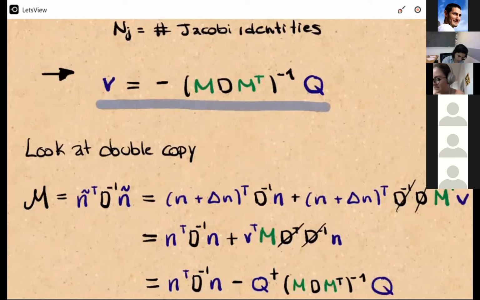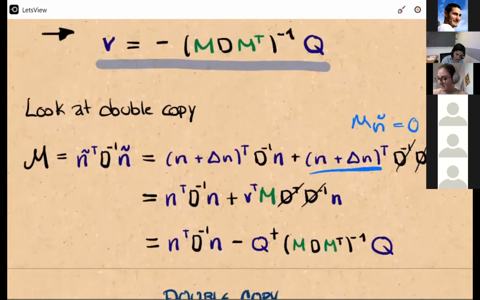You're going to find that the second term here is immediately 0, just because now our new N tilde actually satisfies color kinematics duality. Then you can expand the first line here, and then you'll find that you get the standard term that you will regularly expect for a double copy, but you get this new term with these Qs, which basically measure the amount that the original kinematic factors don't satisfy Jacobi.